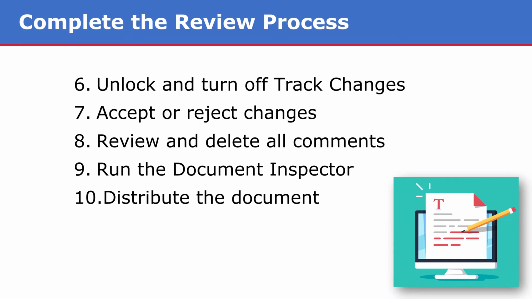And then finally, the document is ready to distribute, whether you're sending it as a Word document or you're converting it, for instance, to a PDF. These are all possibilities.